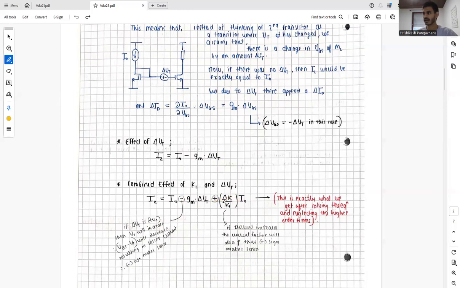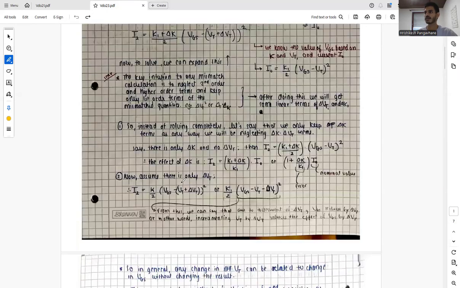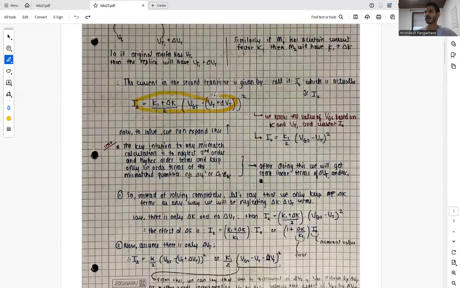If the current factor increases, the current will also increase, and thus the plus sign makes sense over here. And what is the current factor? This is the current factor to which the current is directly proportional. This is exactly the equation we get after solving and neglecting the higher terms which we took over here.